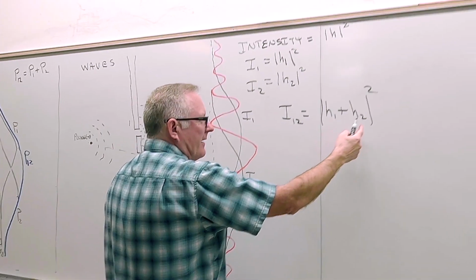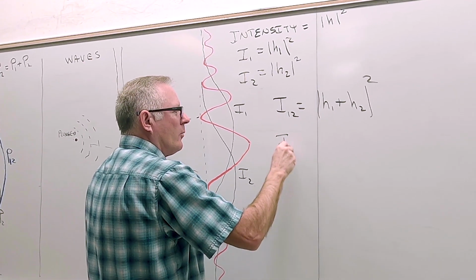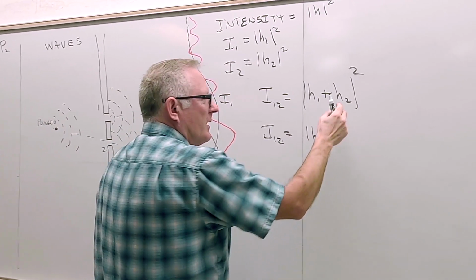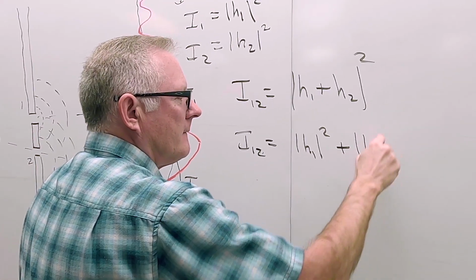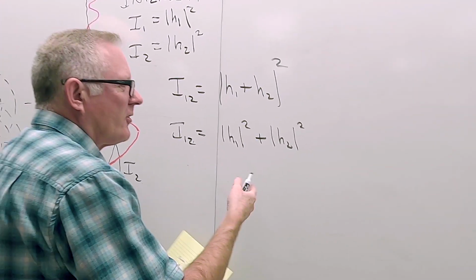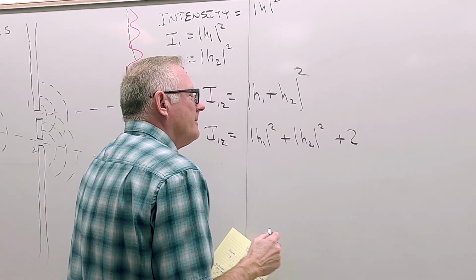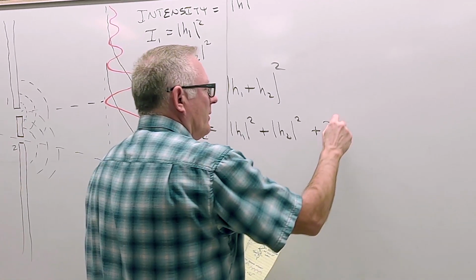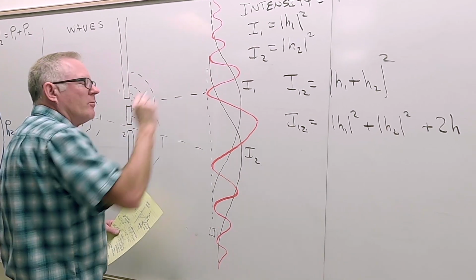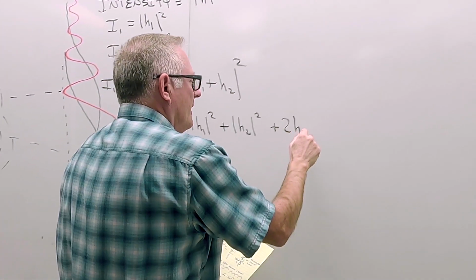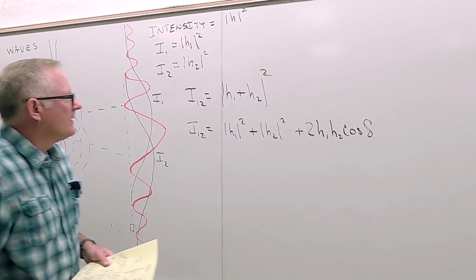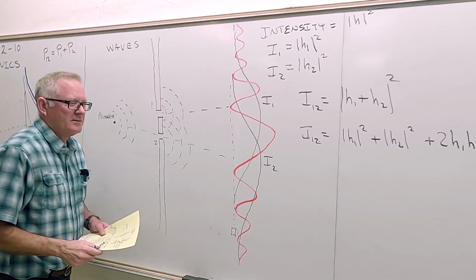Well, what does this give you? If you were to square this thing out right here, I12 is the first term squared plus the second term squared. But then you would also get a cross term in there: 2 times the first times the second. If there's a phase difference between them, which there would be, because if this crest is hitting you, the other crest isn't probably going to be there at exactly the same time, you get H1 H2 times the cosine of some delta, where delta is the phase between these two waves.